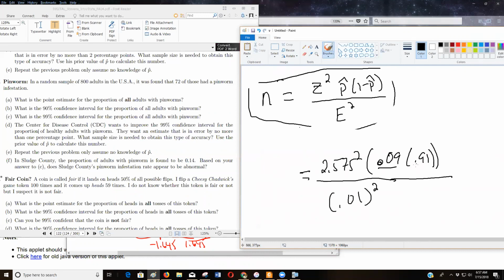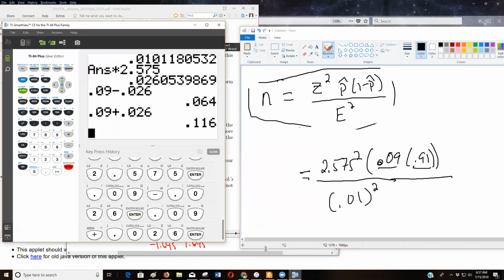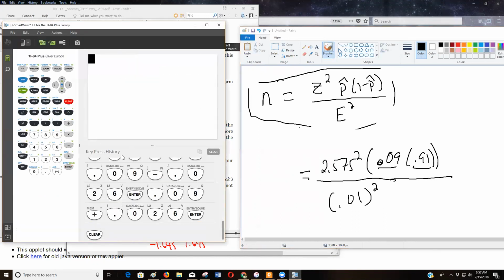I did p hat times 1 minus p hat, the z-score squared over the margin of error squared. And fortunately, most of our calculators are smart enough so we don't have to do too much work with it. I'm just going to type it in as I go since there's no addition or subtraction going on here. Remember, please, my order of operations.